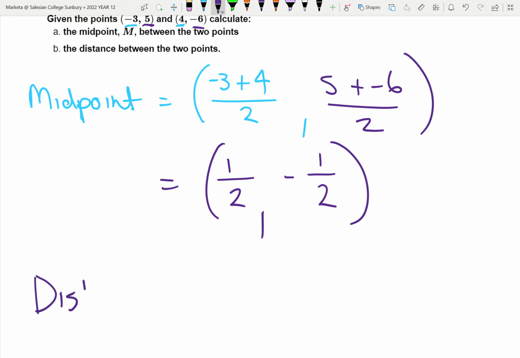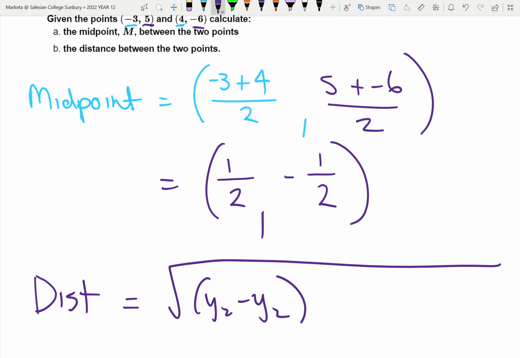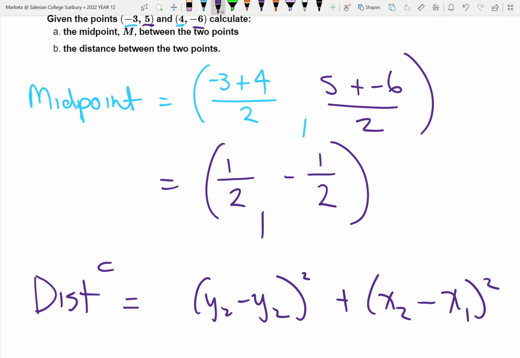So distance equals the square root of y2 minus y1 squared plus x2 minus x1 squared. What this really is, is c squared equals a squared plus b squared. I did say I'm not going to be doing an explanation of that here, so I will not. That's why we root both sides here.